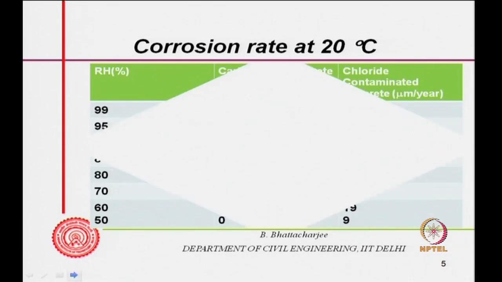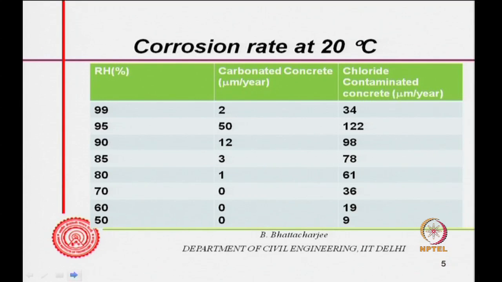At 20 degrees, I have just reproduced some part of the table. Depending upon the relative humidity, at high humidity this value is low in carbonated concrete, and likewise in chloride concrete. So, these are the R 0 values for chloride concrete and carbonated concrete. This relative humidity is 85, and this value is fairly high, in micrometer per year, when relative humidity is 95%.